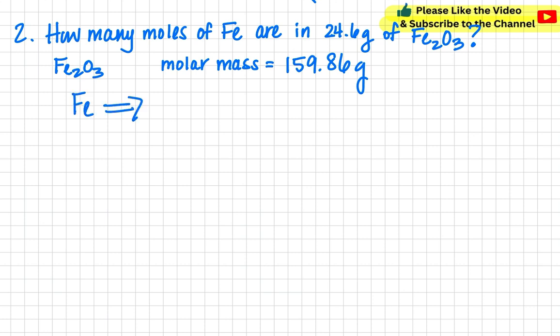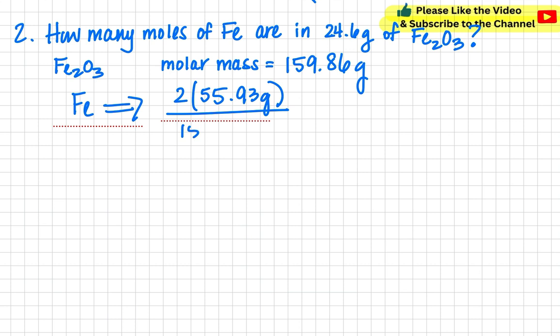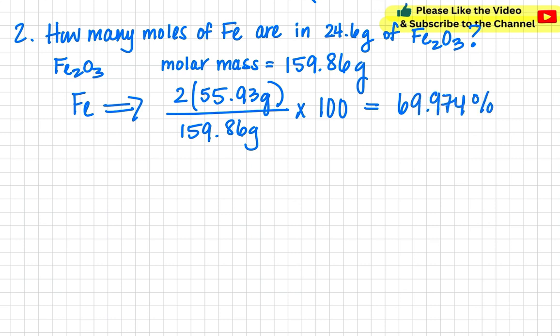We use that formula that we know we have to use. So iron has 2 atoms in this molecule. So 2 times the molar mass, which is 55.93 grams, over the molar mass of that whole molecule times 100 is equal to 69.974%.